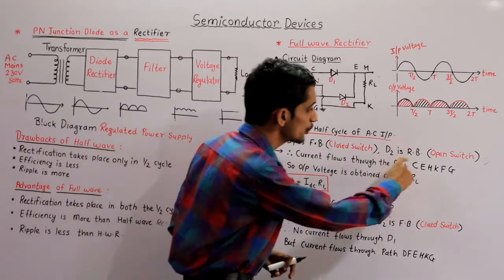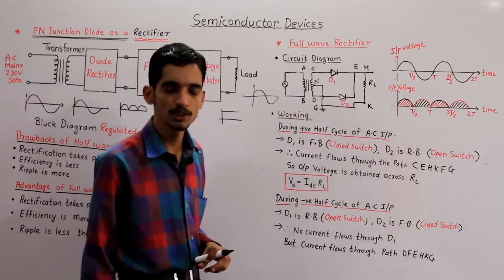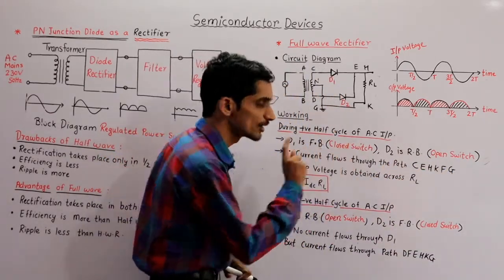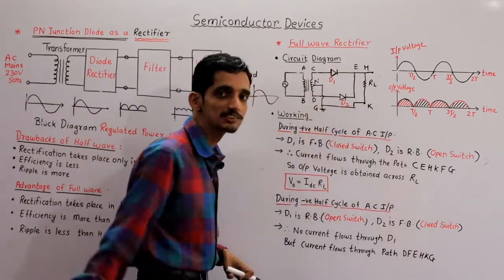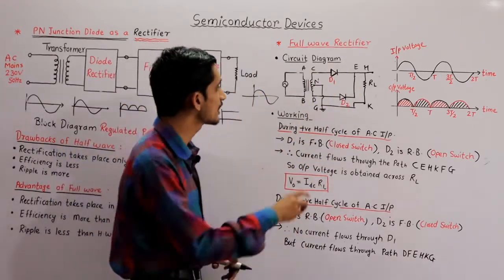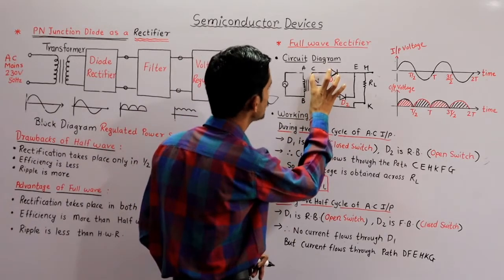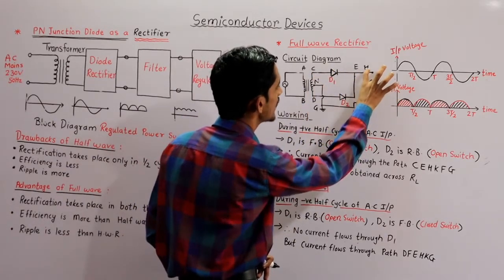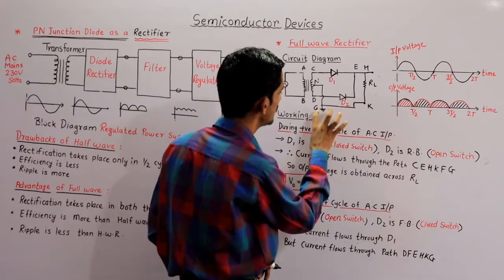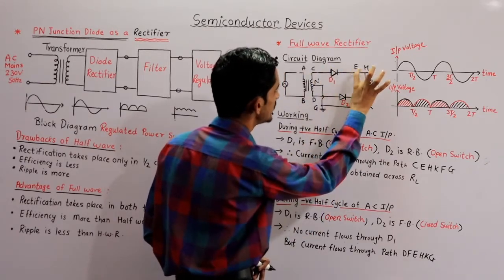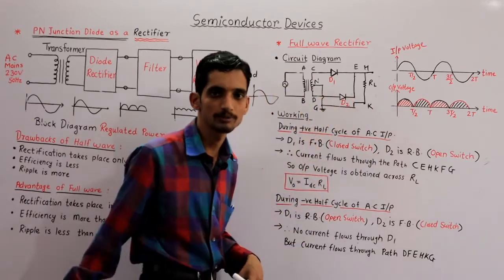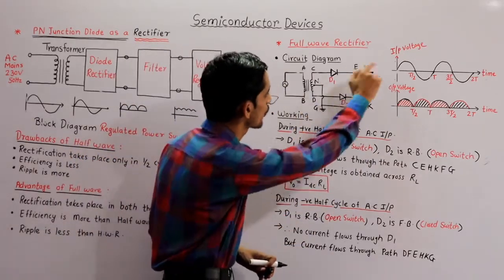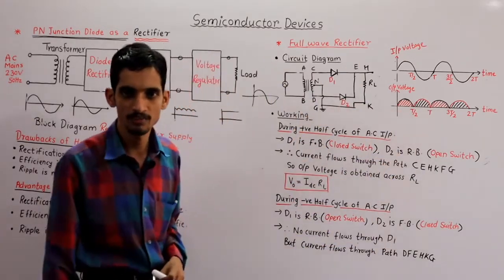So diode D2 acts as an open switch and diode D1 acts as a closed switch. Since diode D1 acts as a closed switch, the current will take the path from C, E, H, R_L, K, G, because the other diode is now open. So this is the path for the flow of current in forward bias.